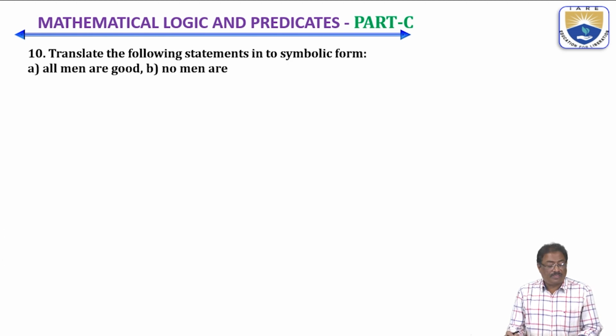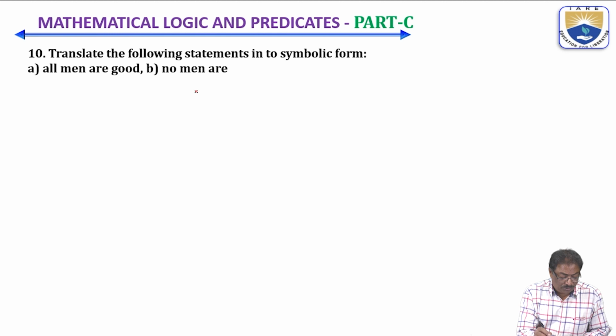Now let us go for the other short answer. Translate the following statements in symbolic form. So here what is given? All men are good and no men are good.